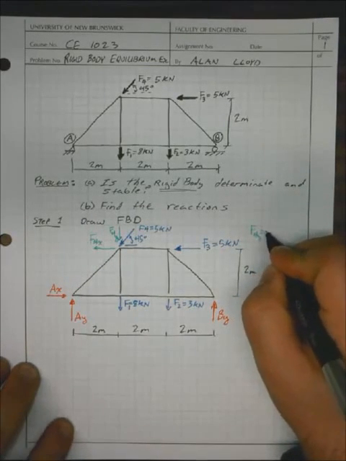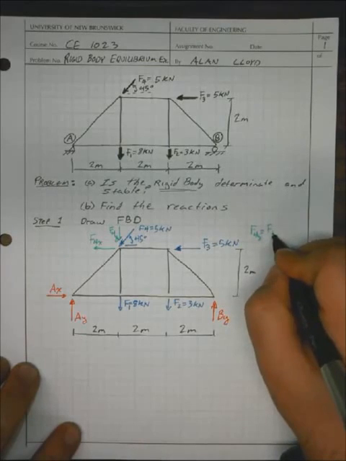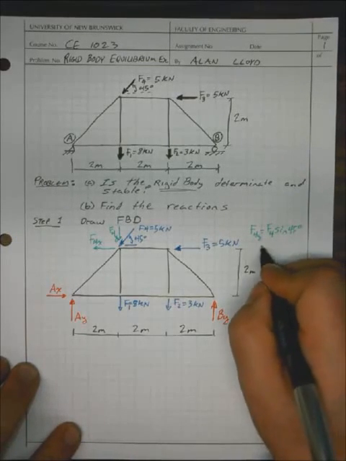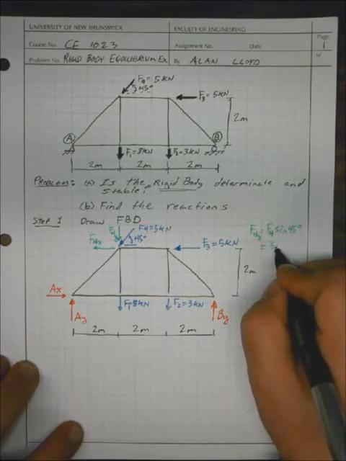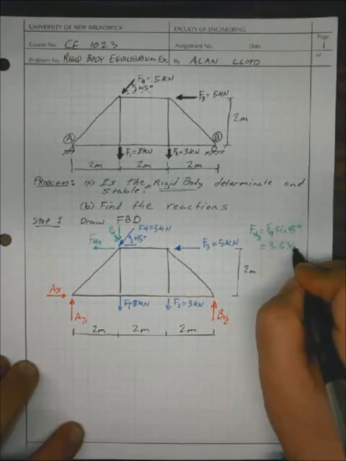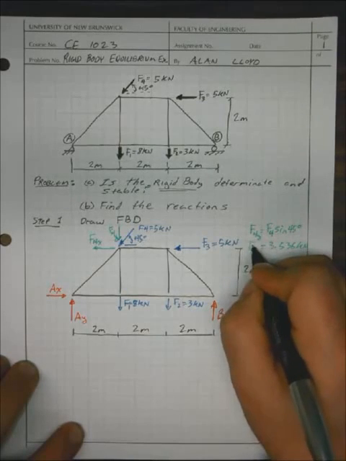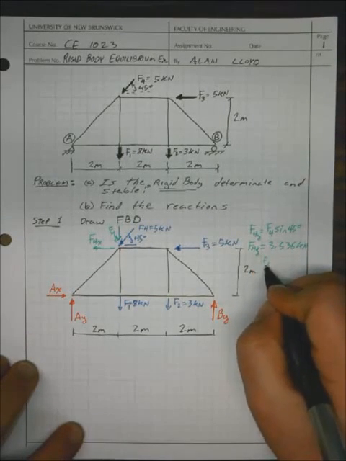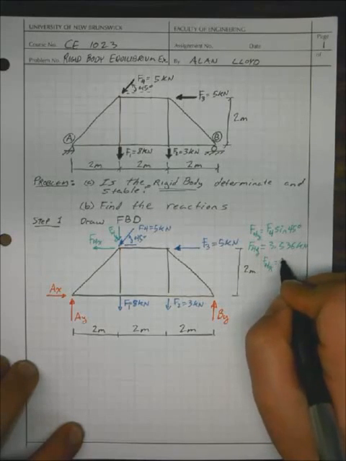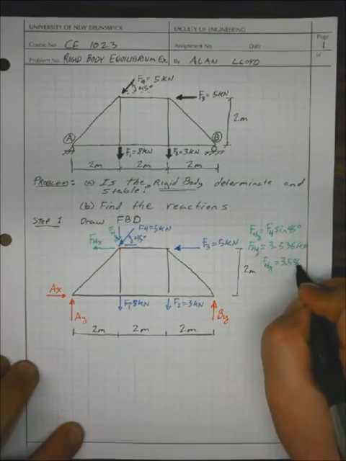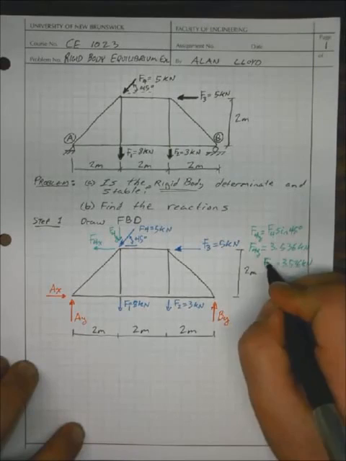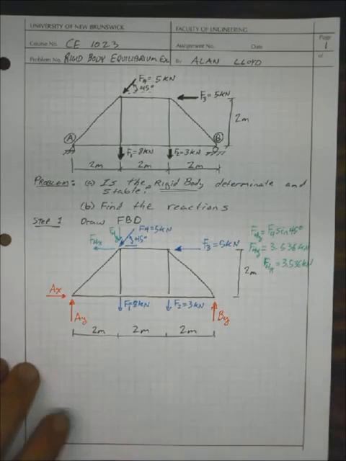F4Y is equal to F4 sine 45 degrees, and this is equal to 3.536 kilonewtons. And we could say that F4X is also equal to 3.536 kilonewtons if we did the same math. It's at a 45-degree angle, so the X and the Y components are the same magnitude.